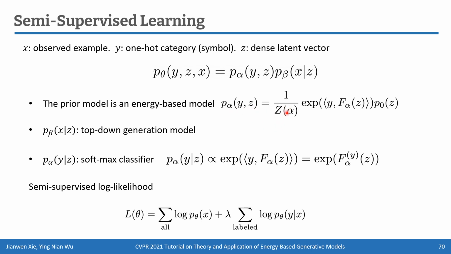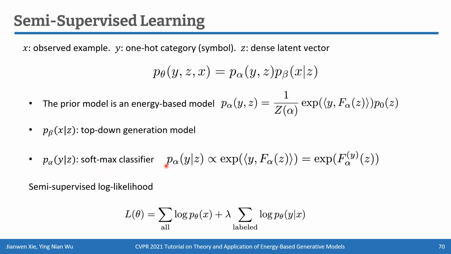And then the prior distribution is again an energy-based model, but the energy is in the form of a coupling between symbolic one-hot Y and continuous dense Z vector. And then this conditional distribution of X given Z continues to be a generation model, or an RNN model for the text situation. And this P of alpha Y given Z is just a softmax classifier.